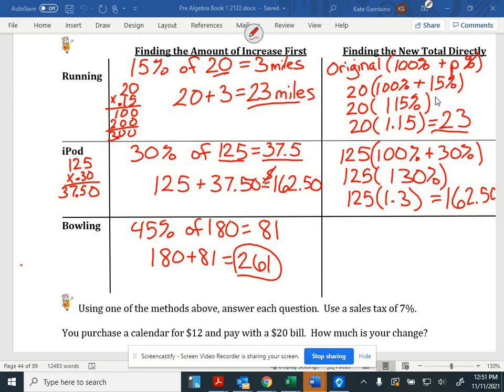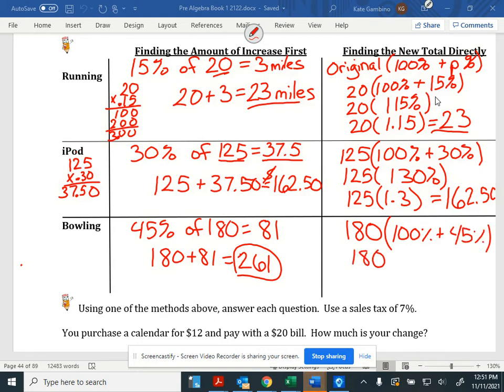All right, so if we're going to do the originals, what do I start with? You start with the original, so it's 180. 180 is my original score. What do I multiply that by? 100% plus 45%.